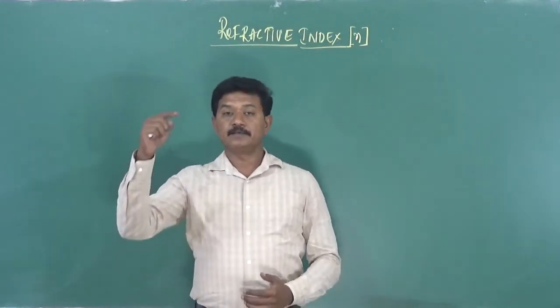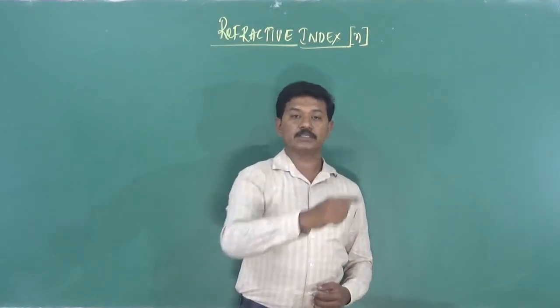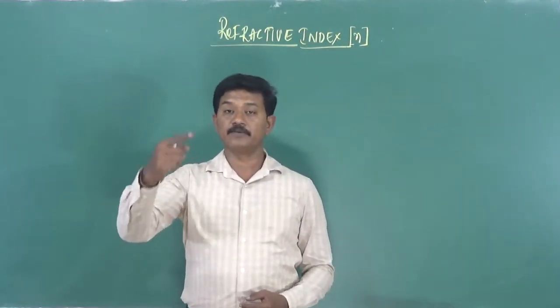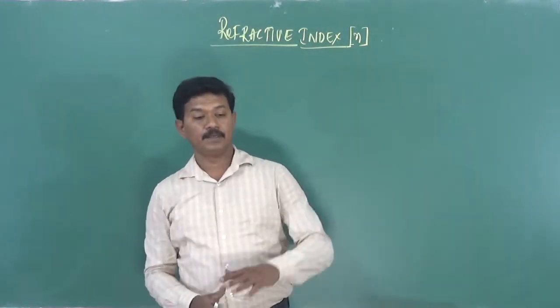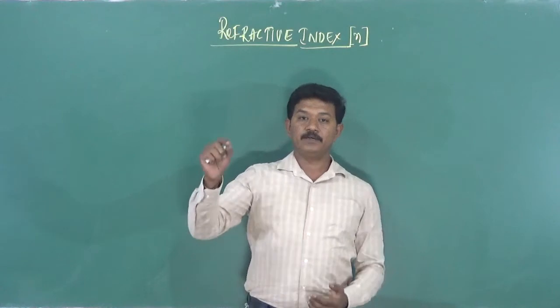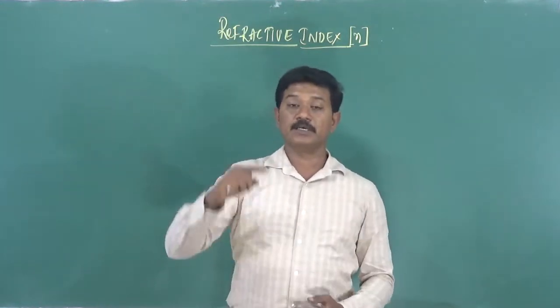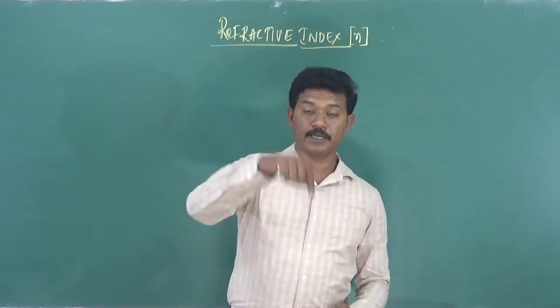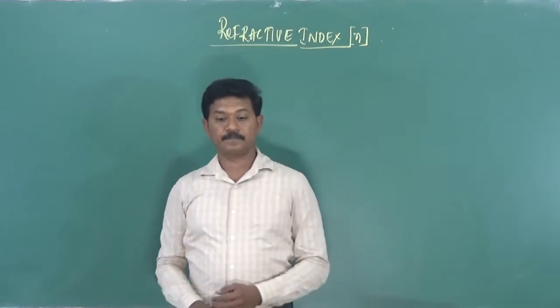Next, speed of light in diamond by speed of light in water is the relative refractive index of water, as water is in the denominator. Another example, speed of light in crown glass by speed of light in diamond gives the relative refractive index of diamond, because diamond is in the denominator, right?